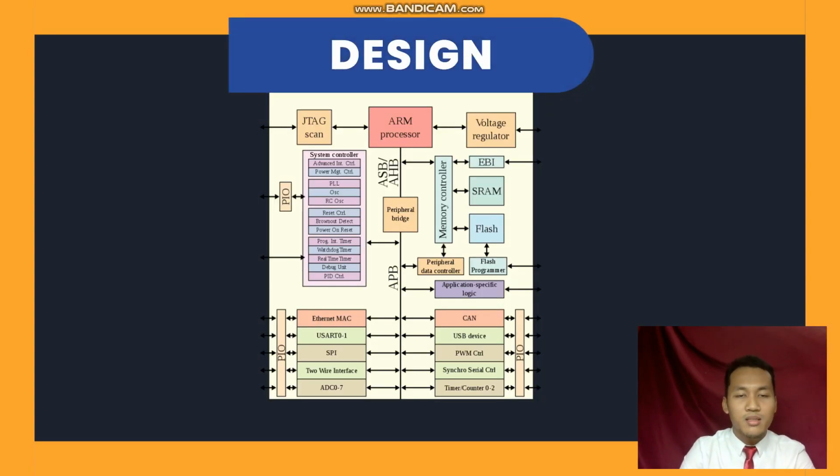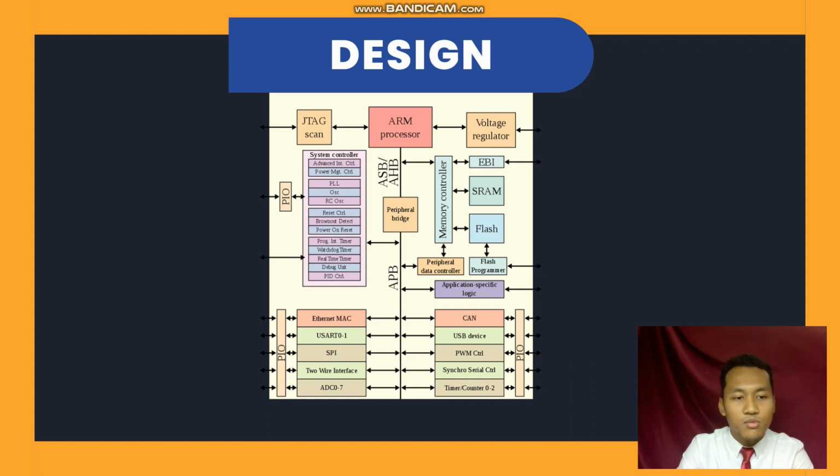And for the next part is design. As you can see in the pictures here, the ARM processor can execute many millions of instructions per second, and it can be sent to JTAG scan and voltage regulator.